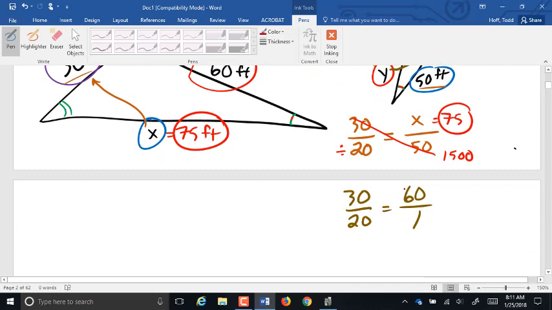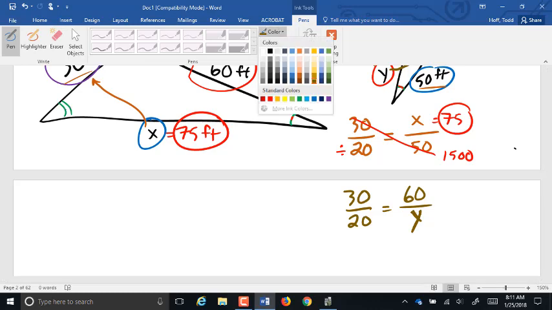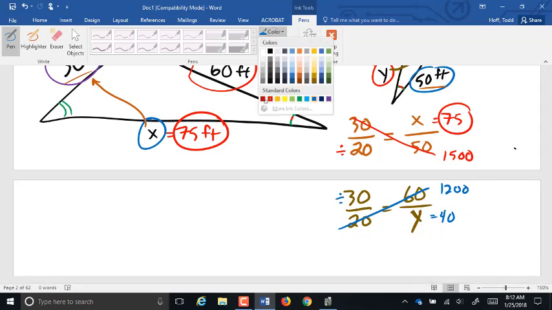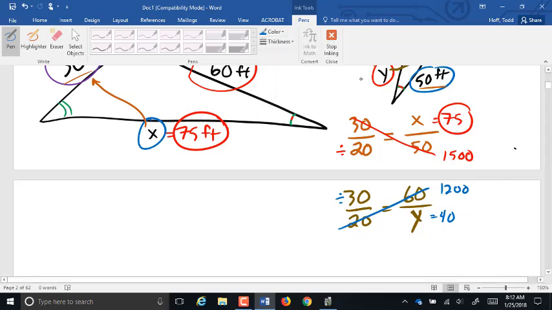Cross multiply. I don't know why my Y will not stay. Twenty times 60 is 1,200. Divided by 30 is 40. So Y is 40 feet.